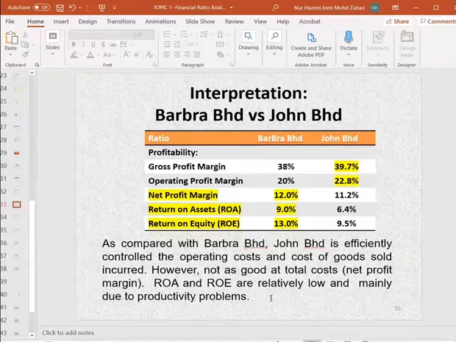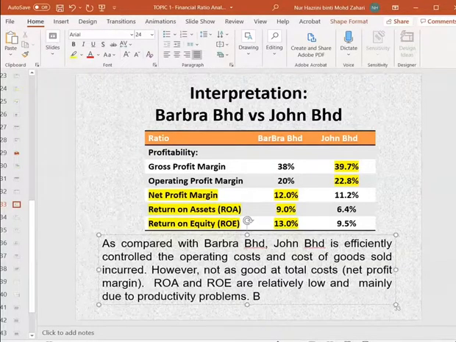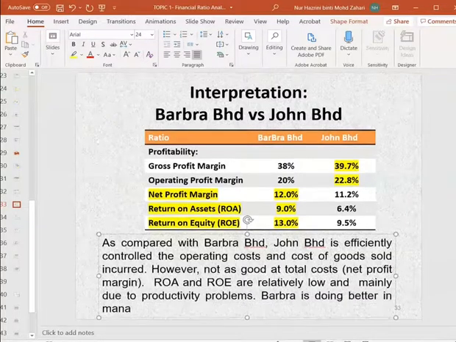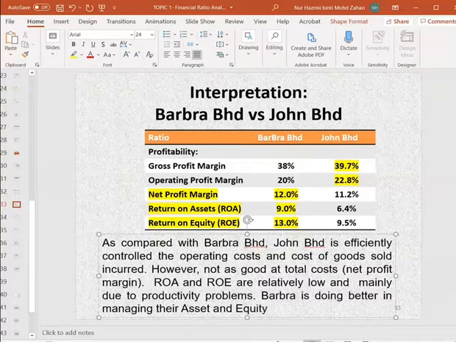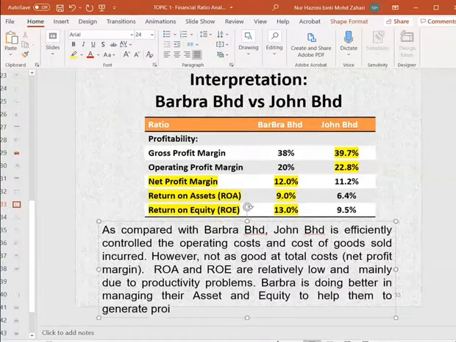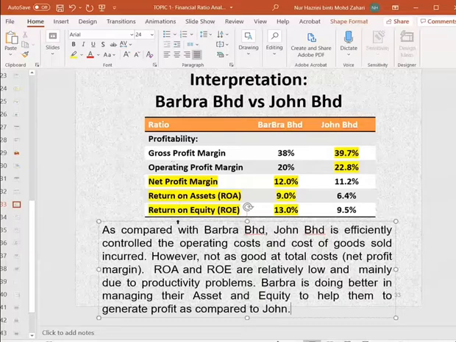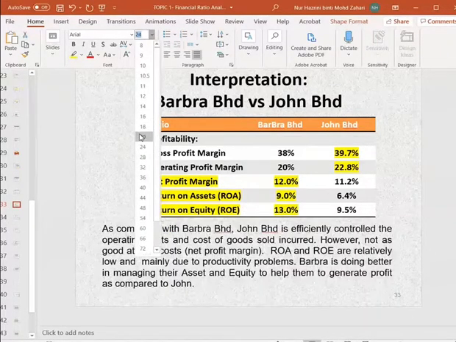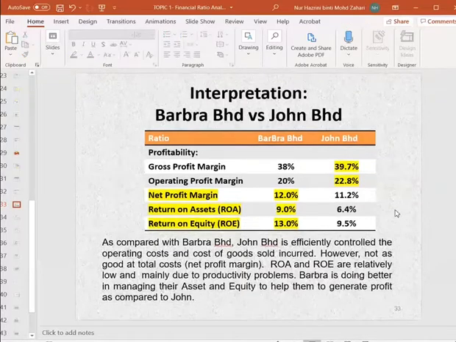So Barbara is doing better in managing their asset and equity to help them generate profit as compared to John. That's what we can see. Okay, so this is basically how you will do it in your presentation.